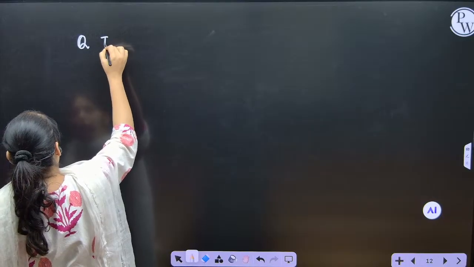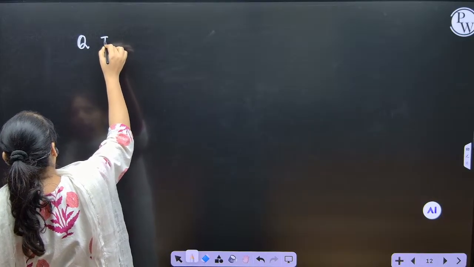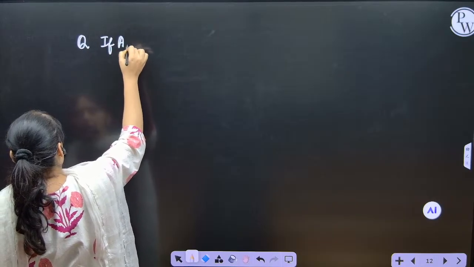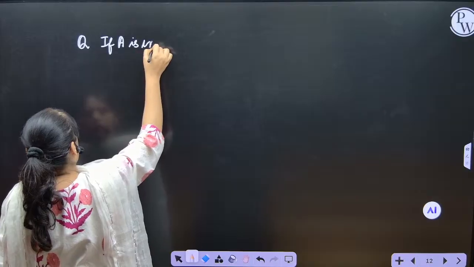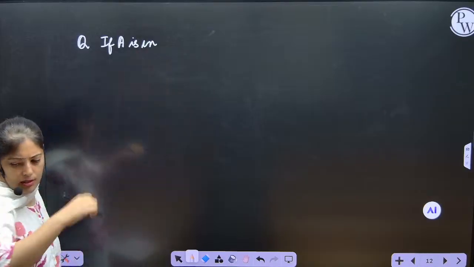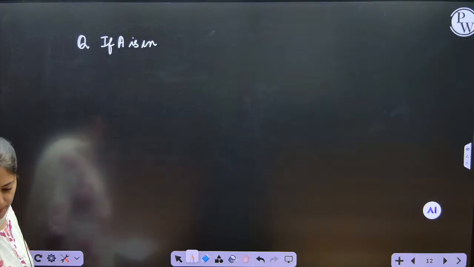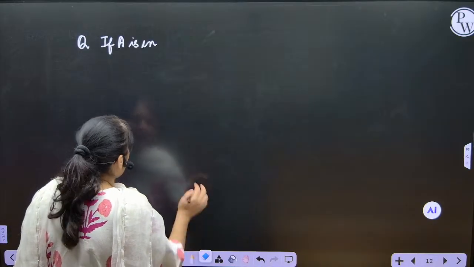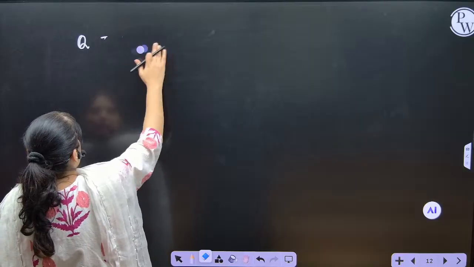If A is a square matrix, for any square matrix A, I'll change the question wordings.